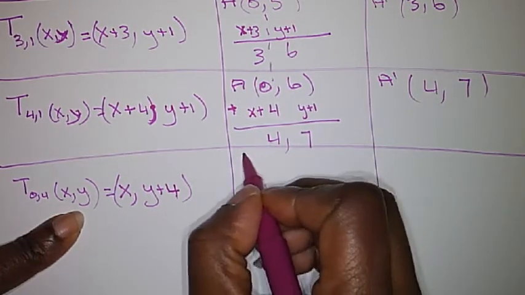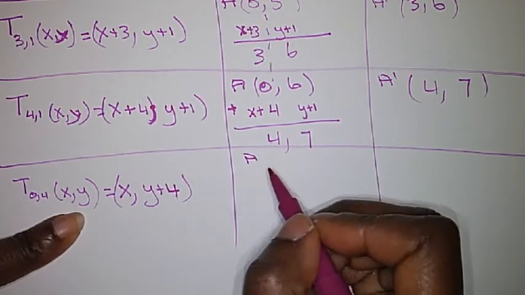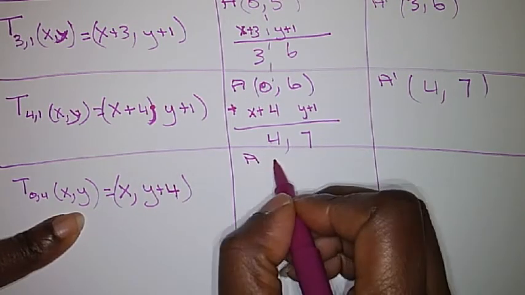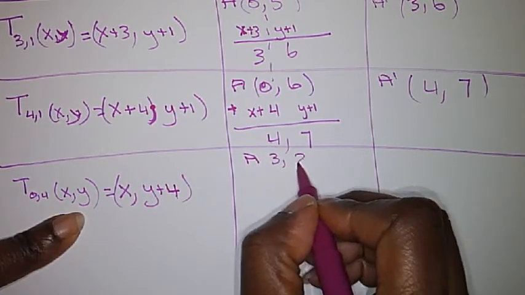So let's find another pre-image point. 3, 2.